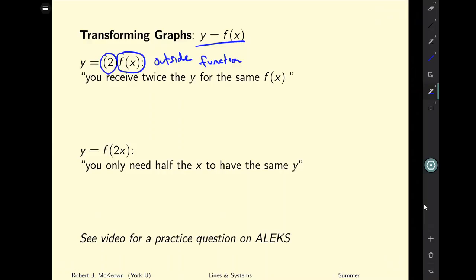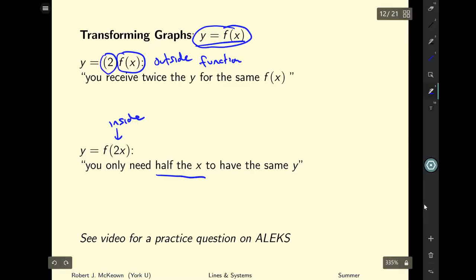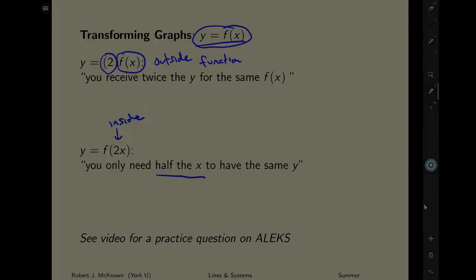Looking at the next example, the 2 is inside the function. Well, what does that mean? That means that you could have the same f of x, the same y, with half as much x. Half as much x. So I'm trying to do that to give you a little bit of intuition.